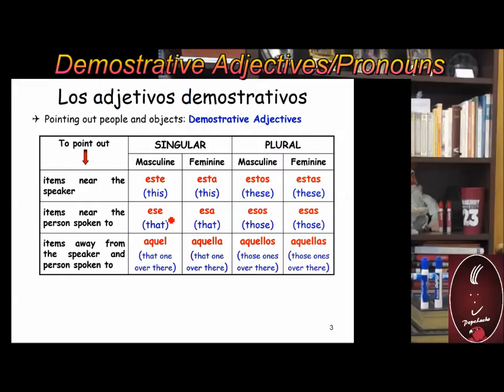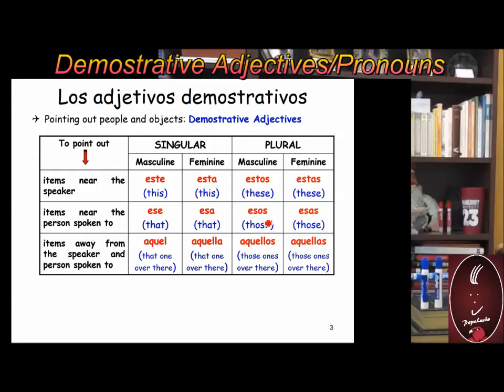Ese marcador es azul. Ese agrees with the noun marker because it's masculine and singular. If I am pointing two markers, I will use esos marcadores son azules.